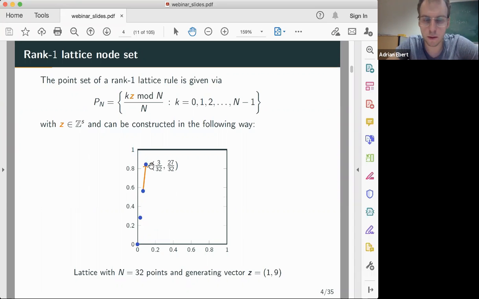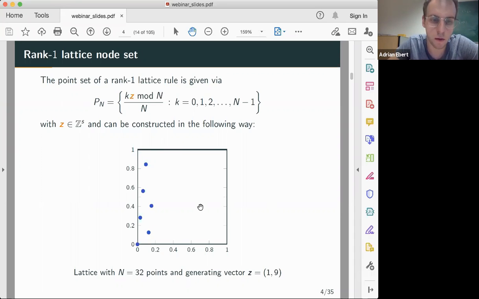At some moment, though, what will happen is that we will actually move outside this unit box if we just follow this scalar product k times z. But then this fractional part, or this taking of the modulo here, will lead to the fact that our point is mapped back inside our unit box here, or in general, the unit cube.